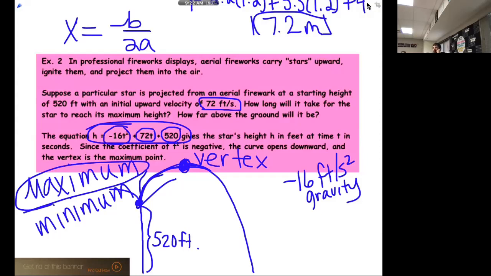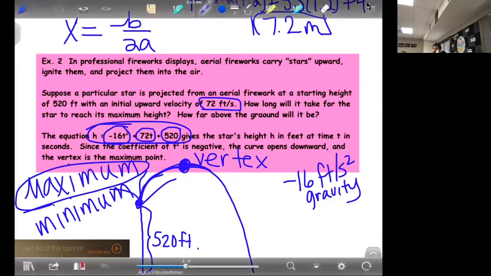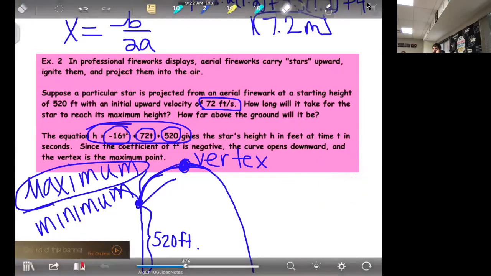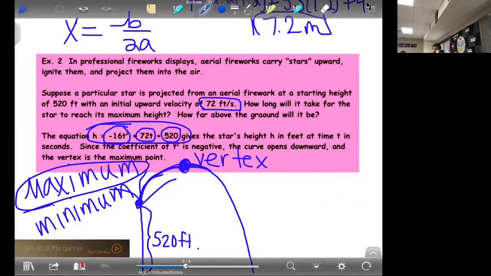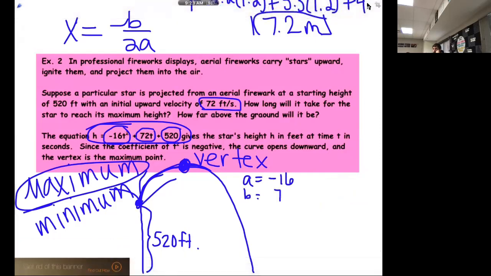Okay, so I've got a big mess here, so I'm going to clean some stuff up so we have some space to work with. All right, so what is our A? What's our B? Do I need the C? No, not right now.